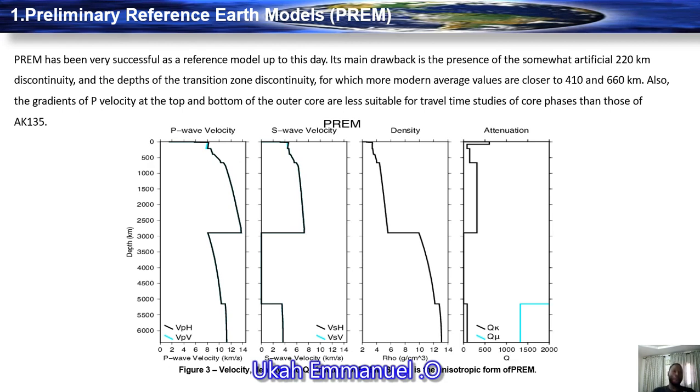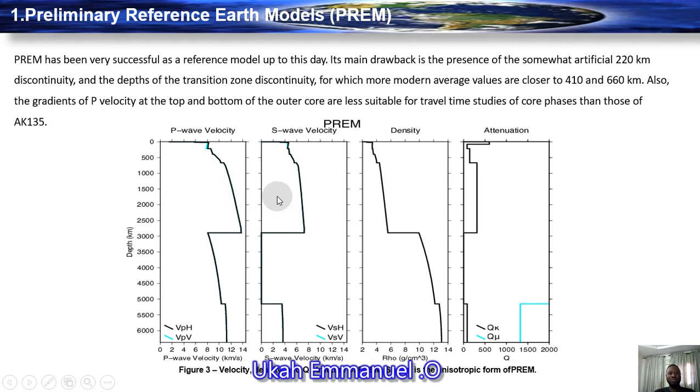You can see the velocity structure of the P waves and the S waves here. This is the horizontally polarized P wave, and this is the vertically polarized P wave. And it also occurs here, this is the vertical S wave. We know that the S wave is a secondary wave, or you call it a shear wave, and this is the compressional wave, or you call it a pressure wave or P wave.